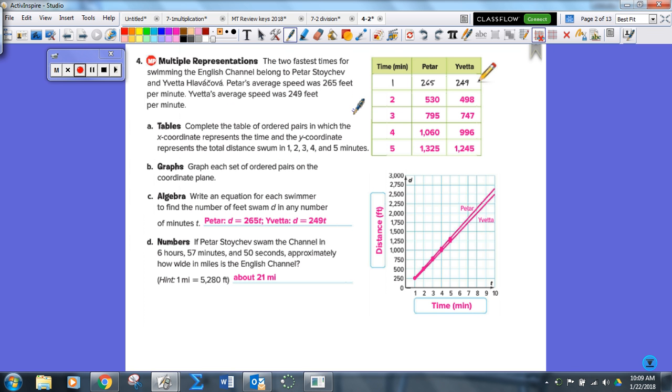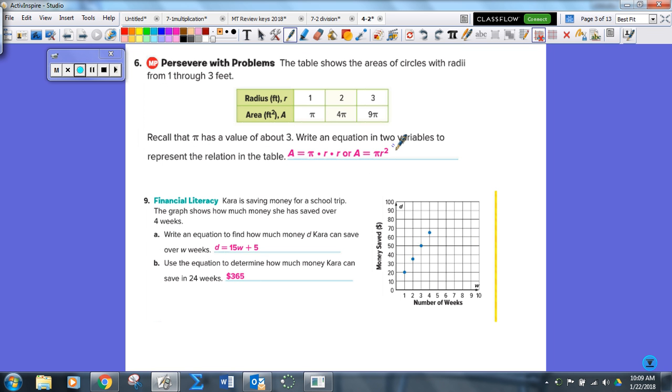So here's number 4, where you have the table and the graph for both people, and then you write both equations. Here's number 6 with the equation, and then number 9, again the equation and the graph, and again she has saved over 4 weeks.